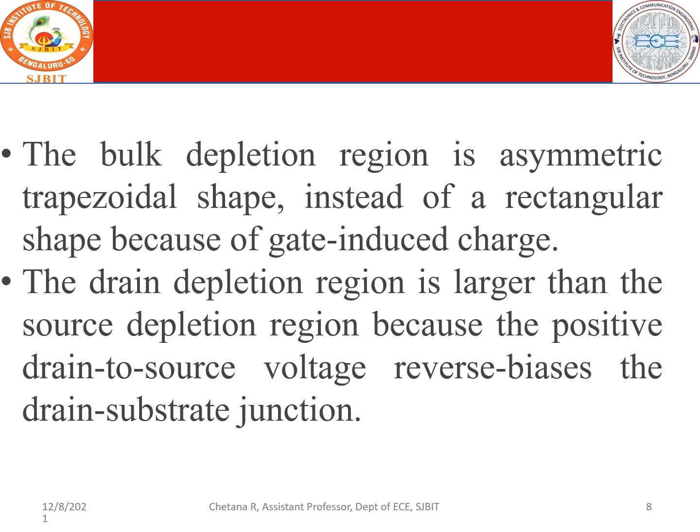As I have told you, we don't get the rectangular shape, we are getting the trapezoidal shape, and the drain depletion region is larger than the source depletion region. Yes, because the positive drain to source voltage reverse biases the drain junction, because you know the applied voltage is at the drain.